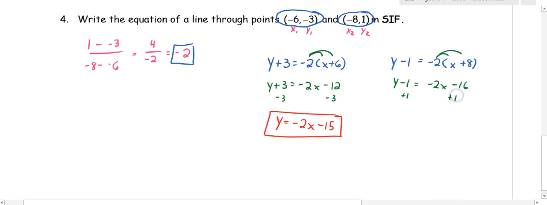Add 1 to both sides, and I get y equals negative 2x minus 15. So notice it didn't matter in point slope form which equation we started with. When we move to slope intercept form, we get the same equation, which shows that even though those numbers are different in the point slope equation, it's still representing the same line.